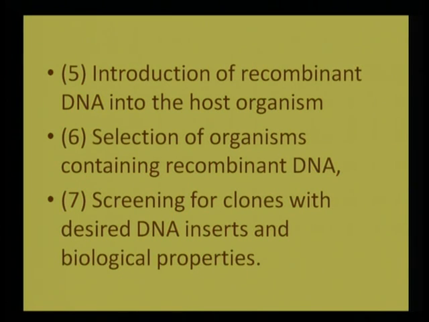Now, the vector should also have some selectable markers. These selectable markers allow the identification of cloned cells versus non-cloned cells. We can identify the cloned cells by using a specified media. Suppose the vector contains two selectable markers, such as a tetracycline resistance gene and an ampicillin resistance gene.